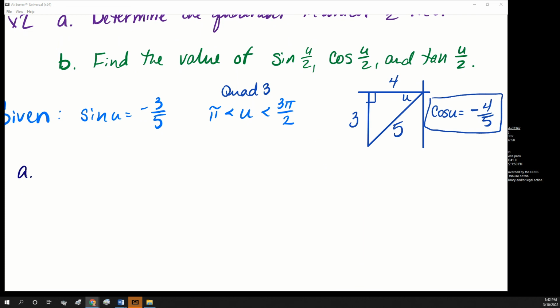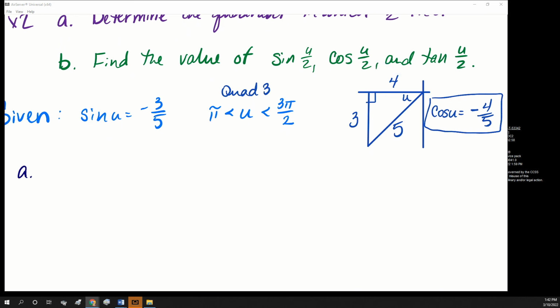Half of that is 100 degrees, which is in quadrant 2. Right? Then you could pick another one. If you wanted to pick one closer to 270, you could pick 260 degrees. Half of 260 degrees is 130 degrees, which is also in quadrant 2.